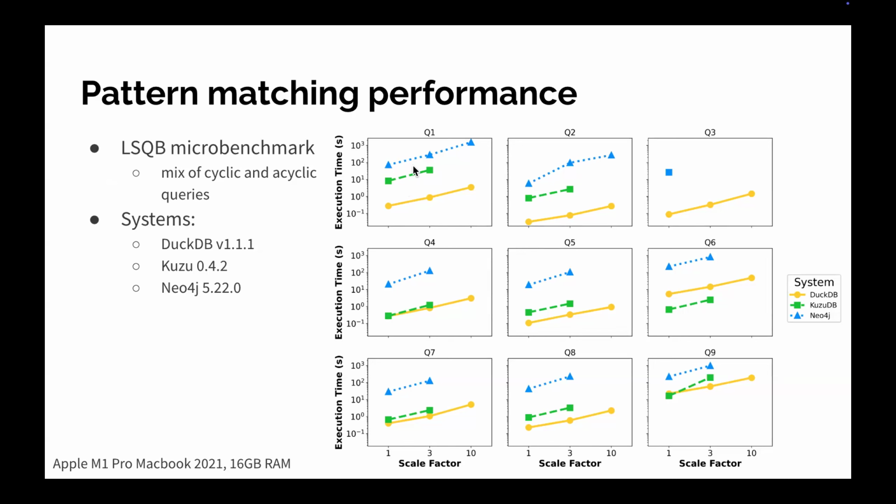There are 9 queries in total, and 3 scale factors, 1 to 10. Consistently, you see across the board that DuckDB is the fastest of the 3 systems, except for query 6. There, Kuzu is actually faster. So I'll look into why that's the case. Kuzu is also a really good system, and I'm looking forward to what they get in the future.